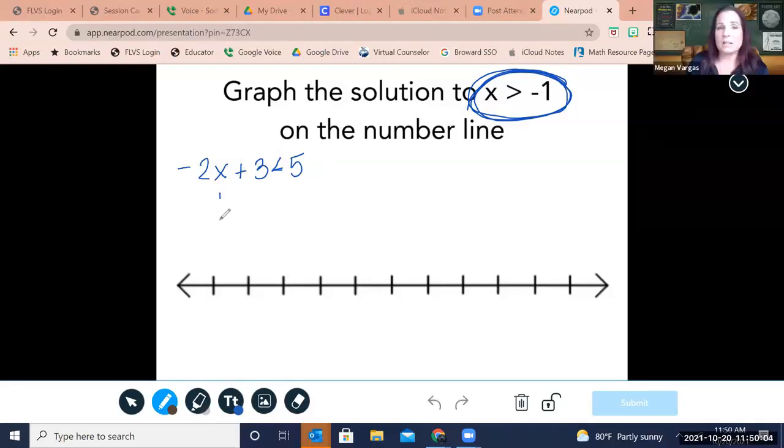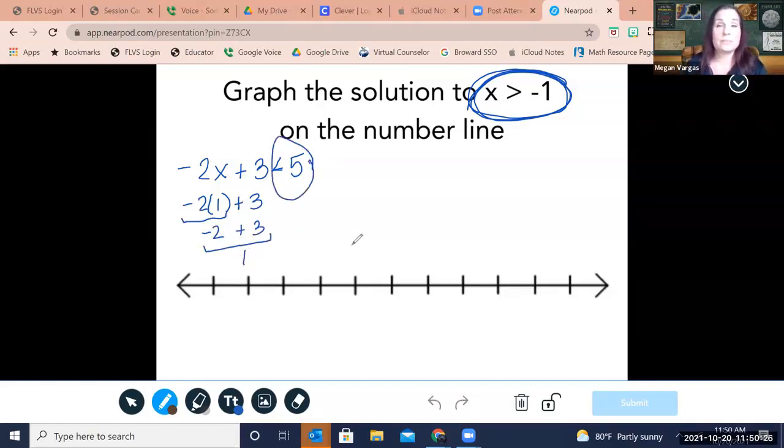Let's plug 1 in here. If I put a 1 in there, I would have -2 times 1 plus 3. -2 times 1 is -2, plus 3 gives me 1, and that is less than 5. It works.